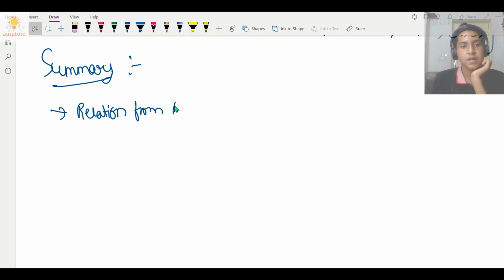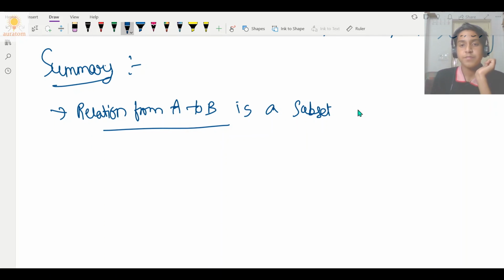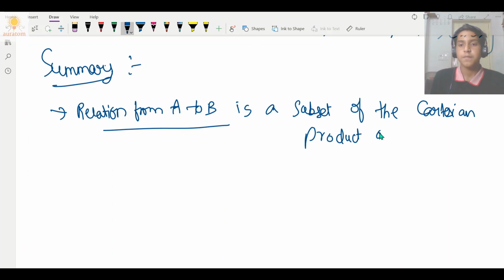Let's say the sets are A and B, then the relation from A to B is a subset of the Cartesian product of A and B, right?